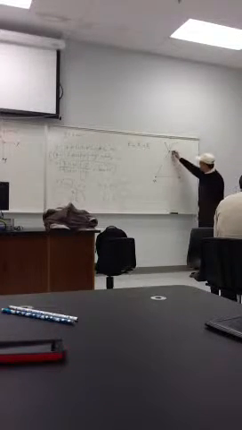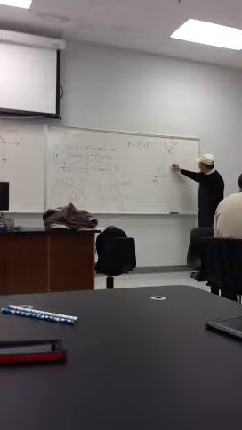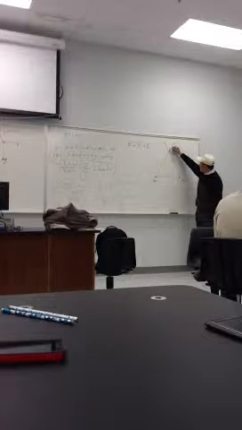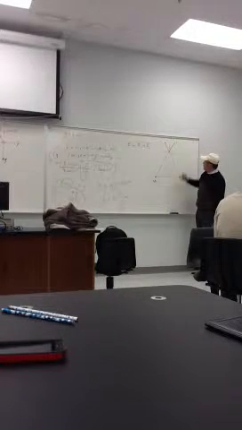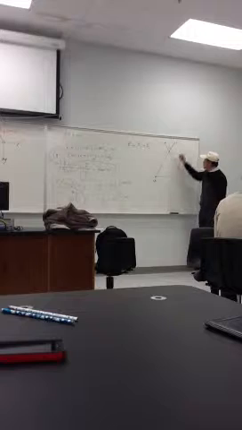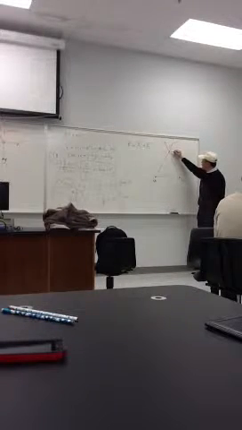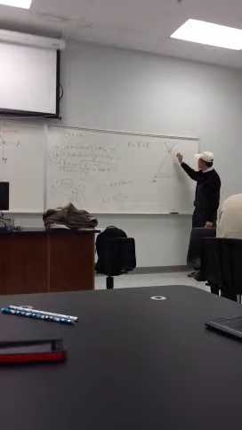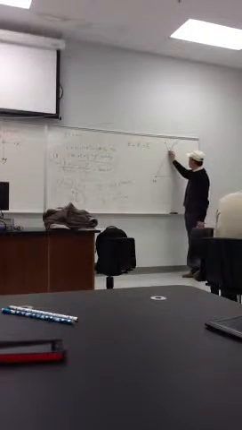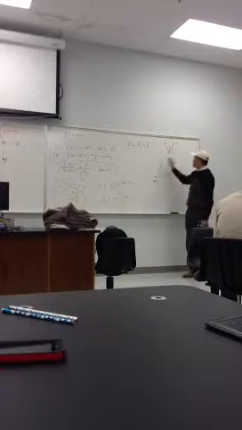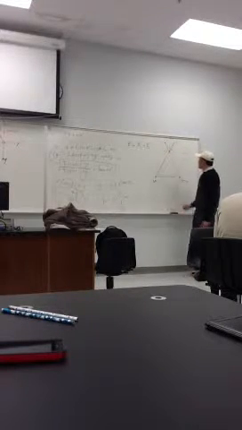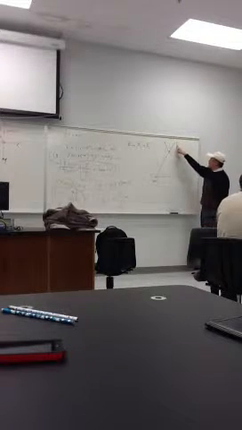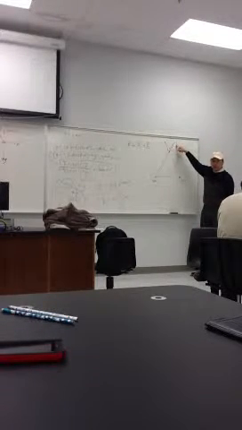If I make this line longer, what's the angle here? 30. What's the angle here? 60. And what's this angle? 60. If you set up a coordinate system like this, you need to find the component of F1, right?